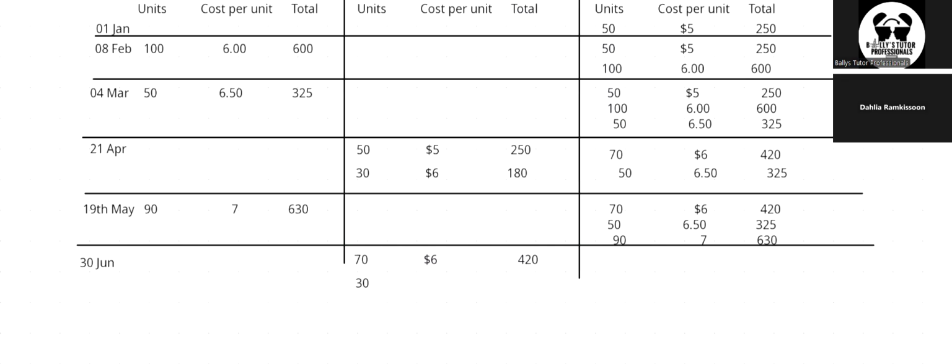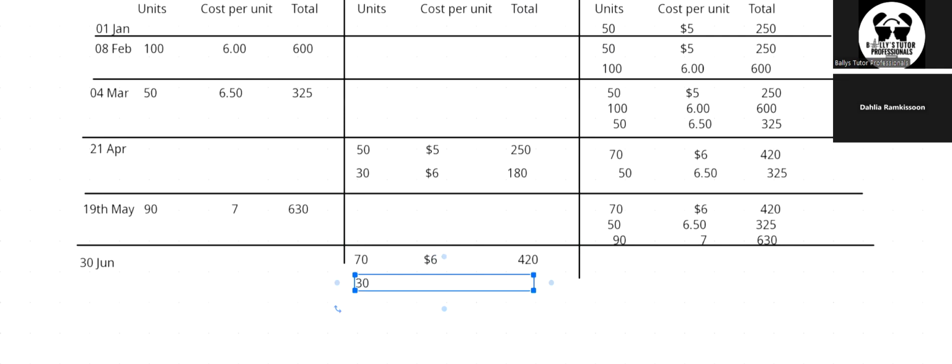So this 30 will be sold at $6, and the cost of this 30 will be $6.50, which would be 195.